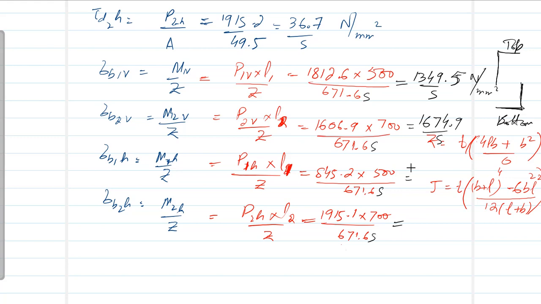845.2 into 500 divided by 671.6, you get 629.2 divided by S. And for the last case, 1915.1 into 700 divided by 671.6, you get 1996.1 divided by S. So this is for all the bending stresses.